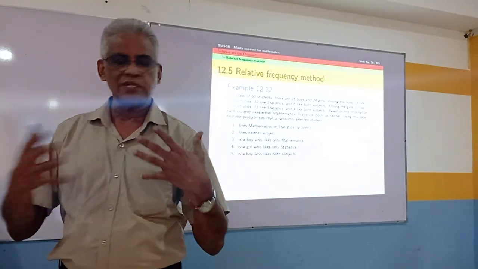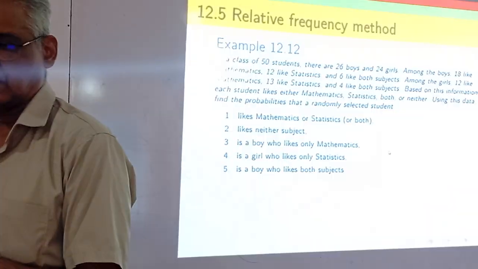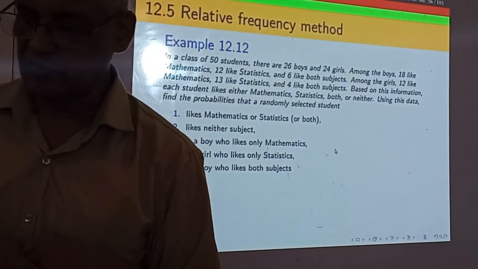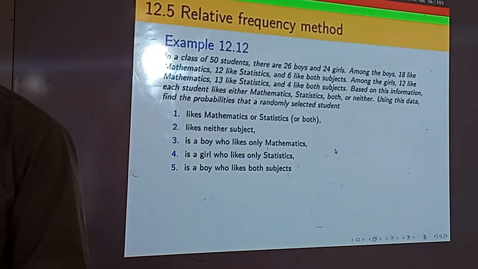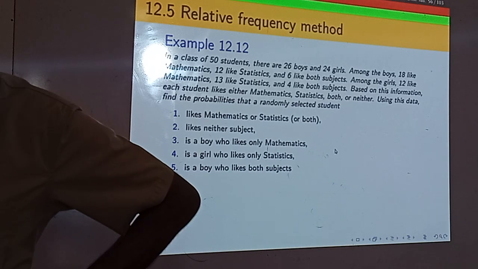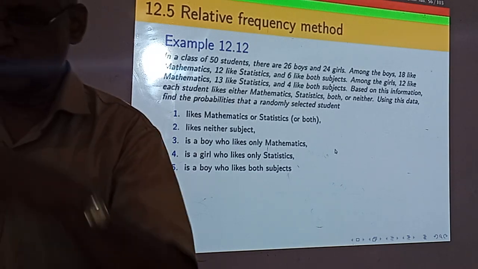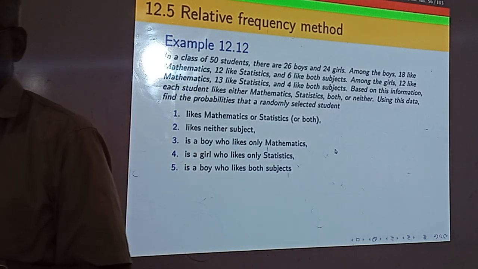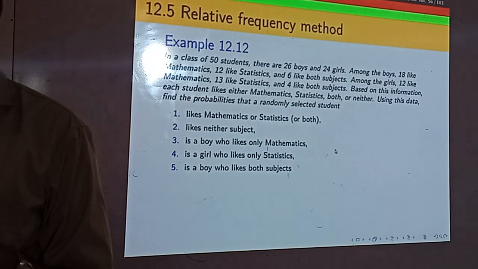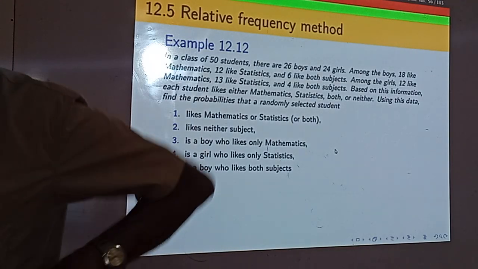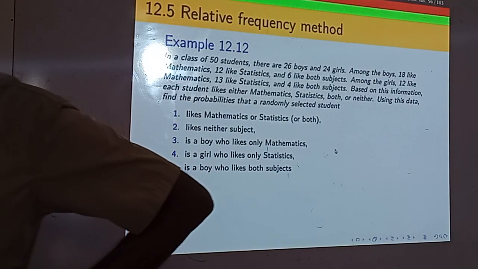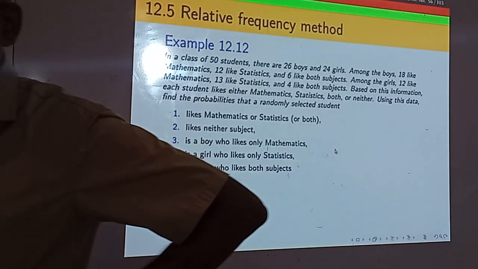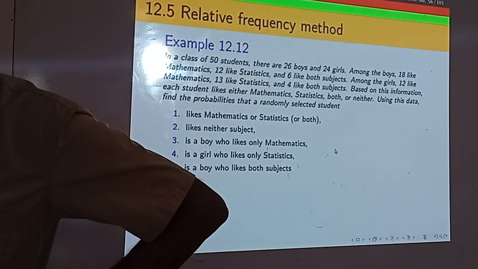What we usually do in A-levels is to draw a Venn diagram for this kind of situation. There are 50 students, male and female, so that population can be divided completely into two parts, males and females. And then among the boys, 18 like mathematics, 12 like statistics, and 6 like both subjects.